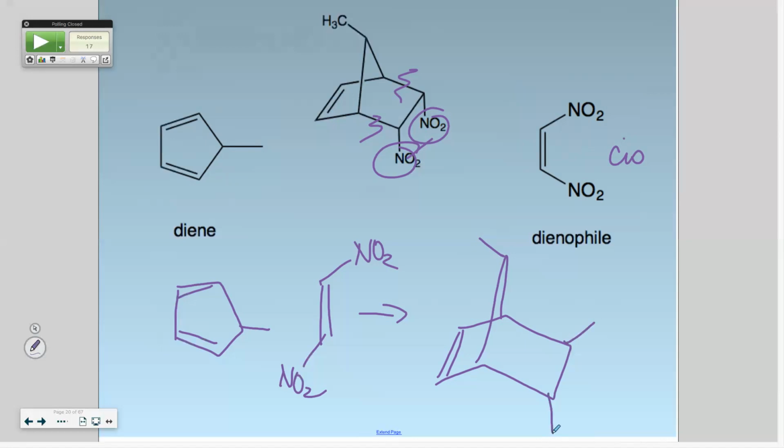Whatever the configuration is of the nitros or whatever the groups are in the starting material, it will be the same in your product. So down here will be an H and up here would be an H. It's really hard to draw that well on the smartphone.